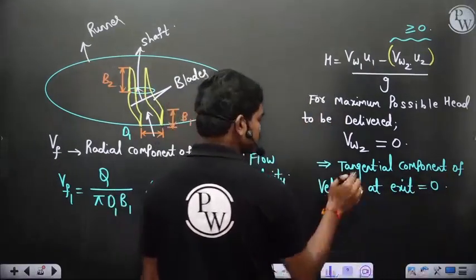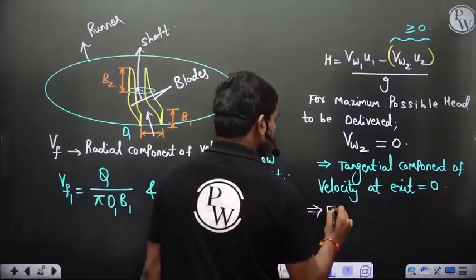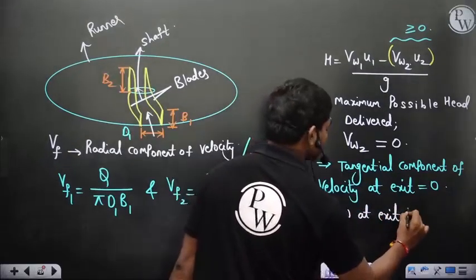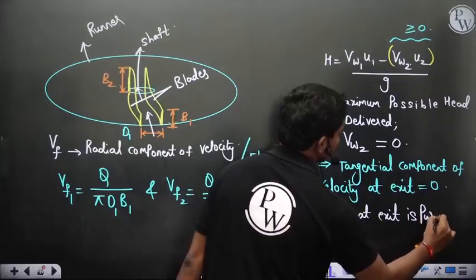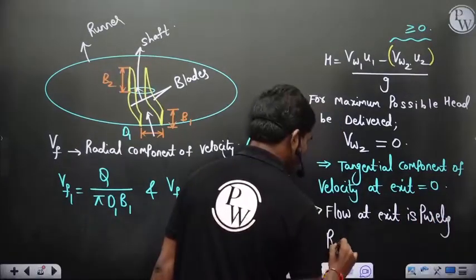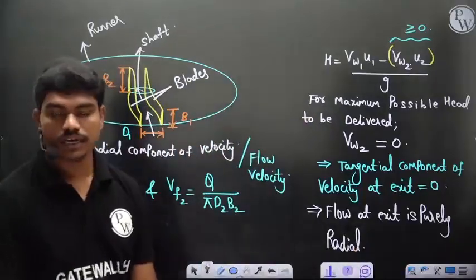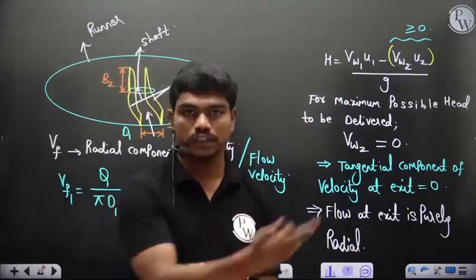This implies flow at exit is purely radial. Flow at exit is purely radial, correct? If the tangential component is 0, then ultimately the flow has to go out radially.